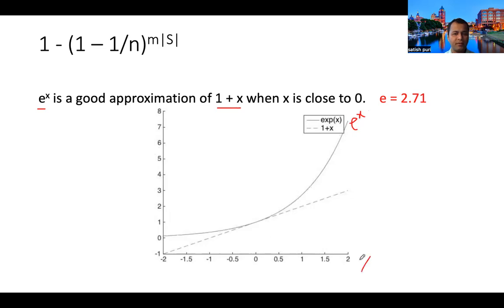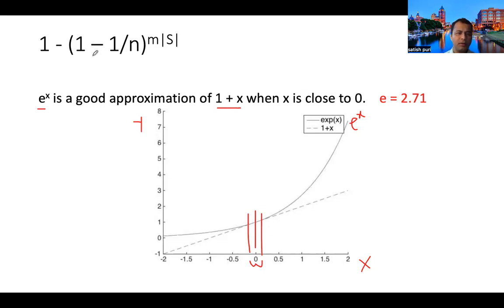What is being observed here is that when x is at 0 or near 0, in this narrow range where x plus delta and x minus delta are close to 0, e to the power x is able to approximate 1 plus x.